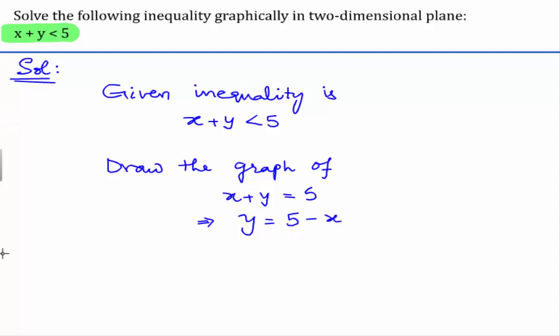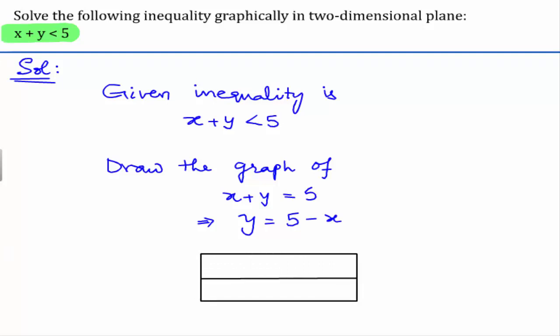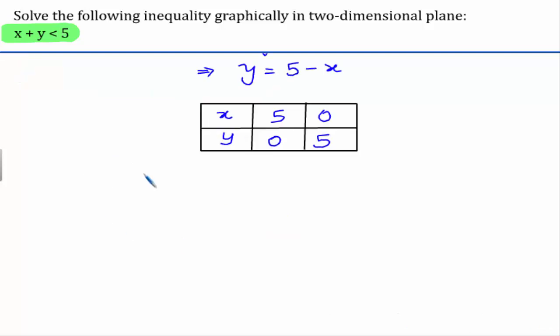Now let us prepare the table to find out the ordered pairs. If x value is 5, then y will be 0. If x is 0, then y will be 5. So the ordered pairs are (5, 0) and (0, 5).